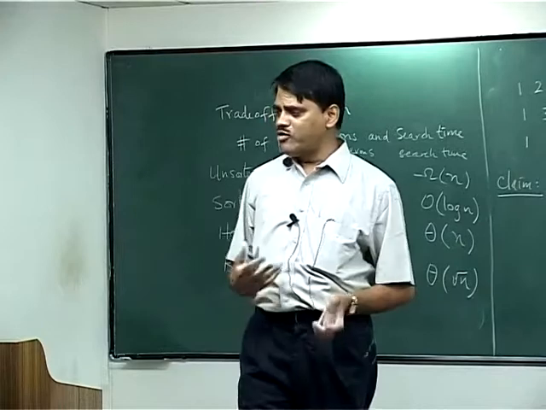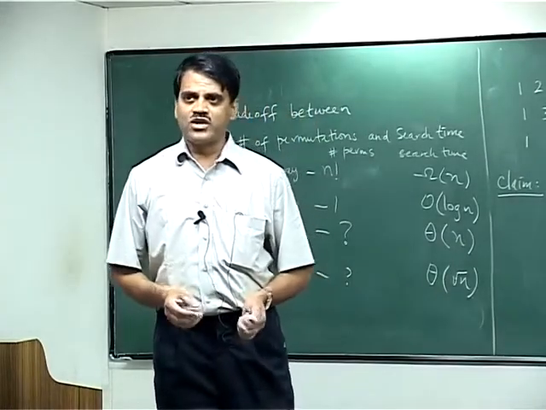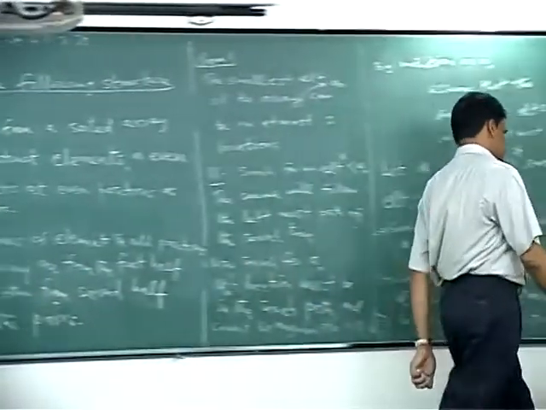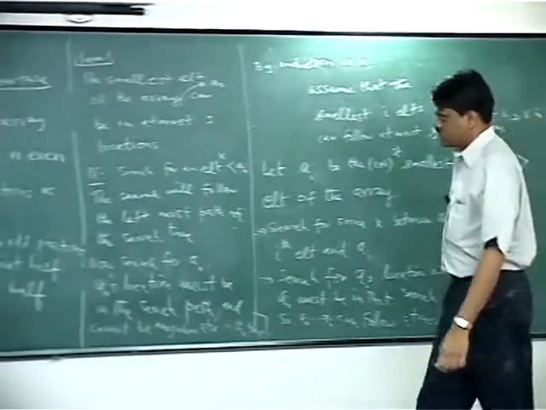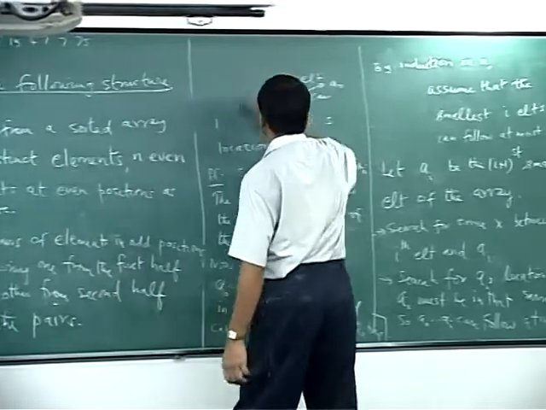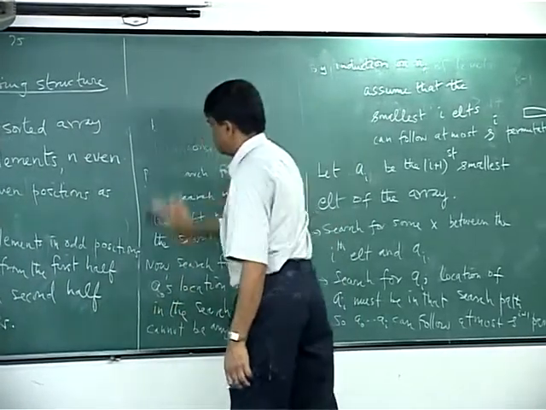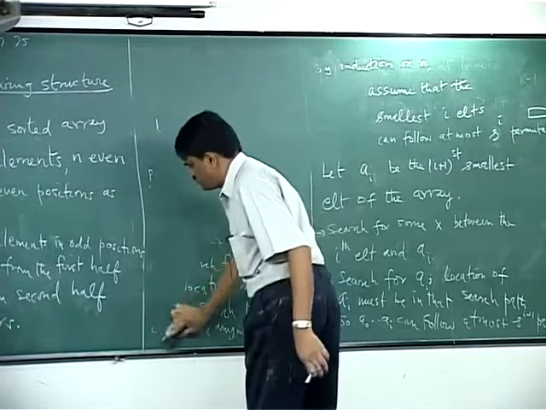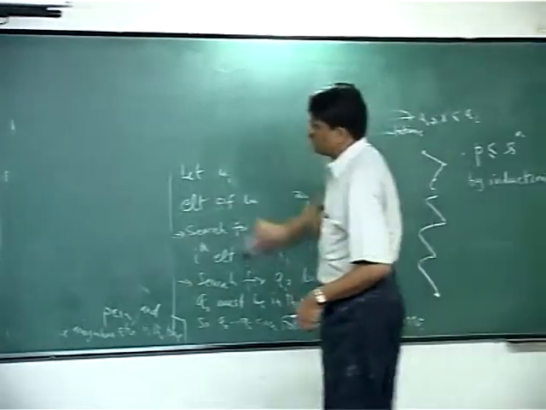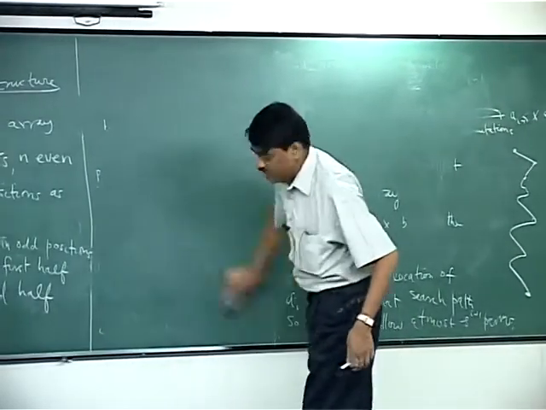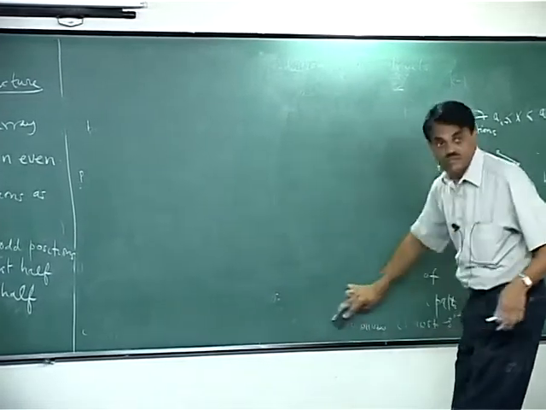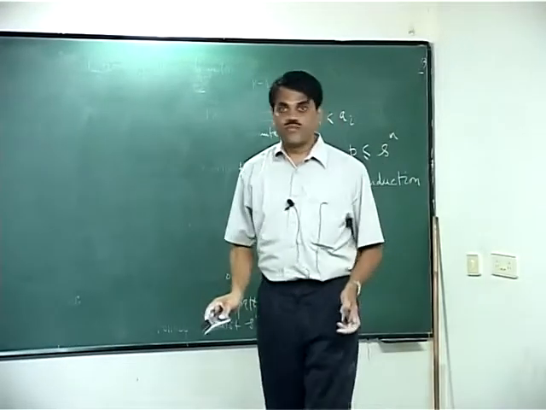Let's count the number of allowable permutations here. It's not very hard to compute. Number of allowable permutations? Anybody? N by 4 factorial.